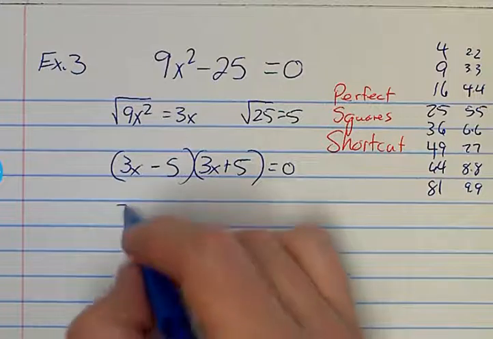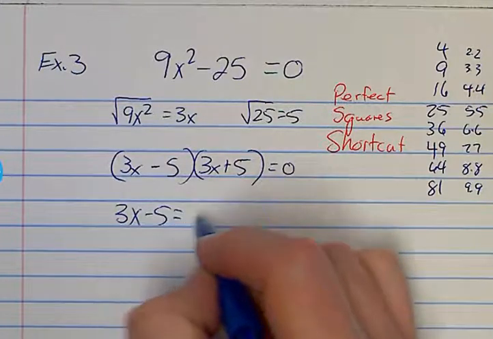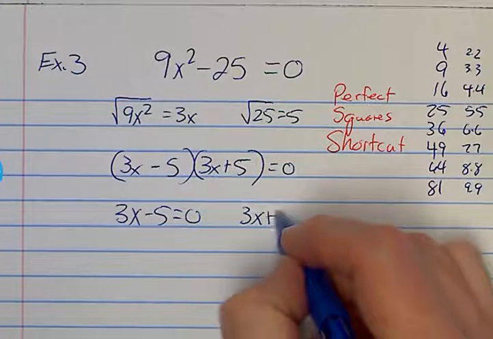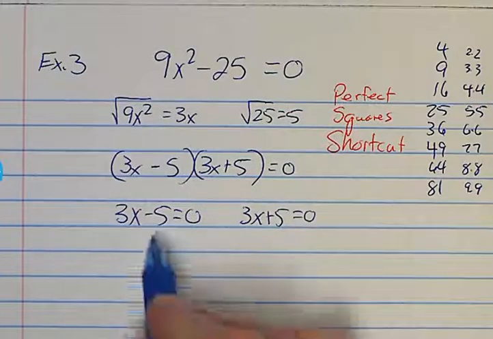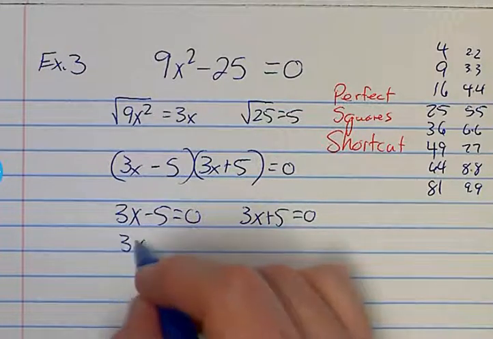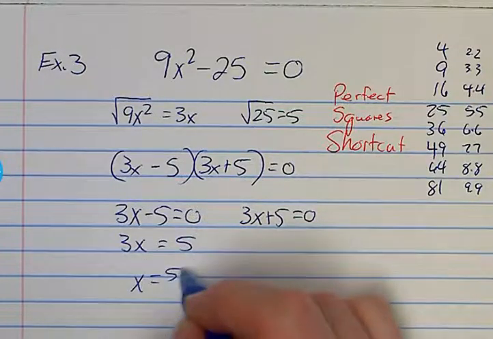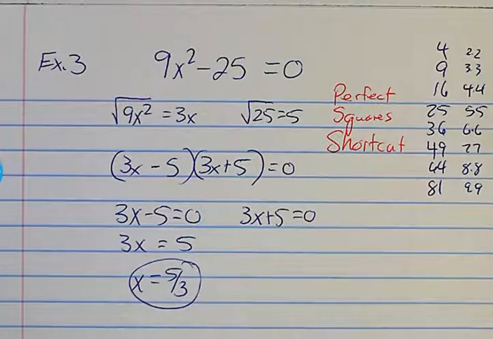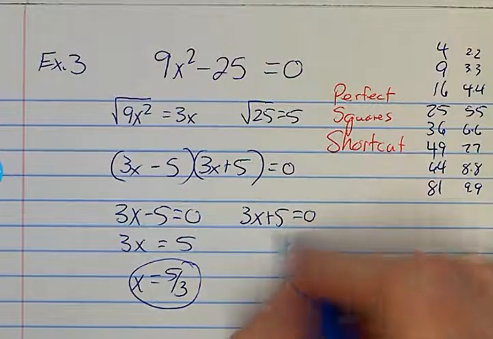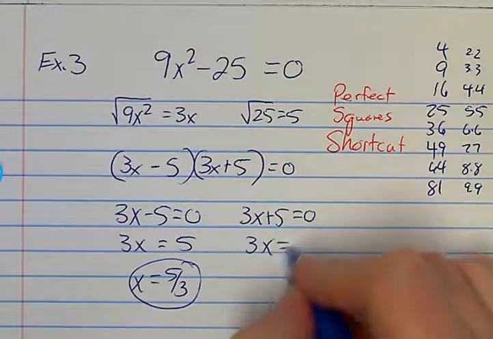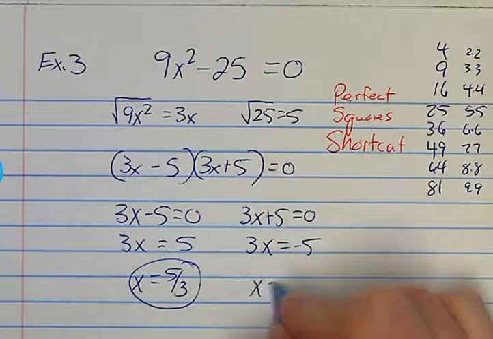Okay, and then from here, just set them both equal to 0. So this one, we would add 5 to both sides, and then divide by the 3. This one, you would subtract 5 from both sides, and then divide by 3.